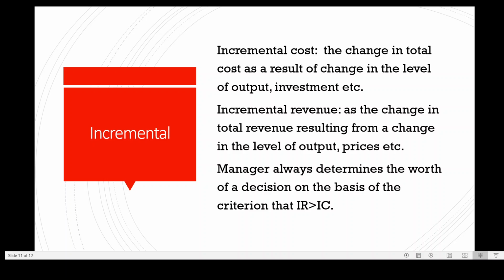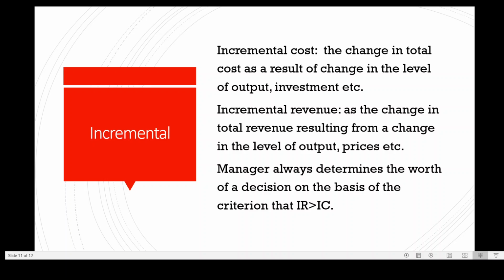The final concept which I introduce today is incremental costs. This cost refers to the additional cost that a company incurs in undertaking certain actions. If it increases the level of output, it can have a new variety of products. Such investment is incremental cost.